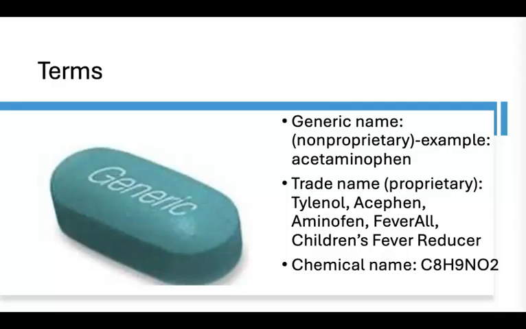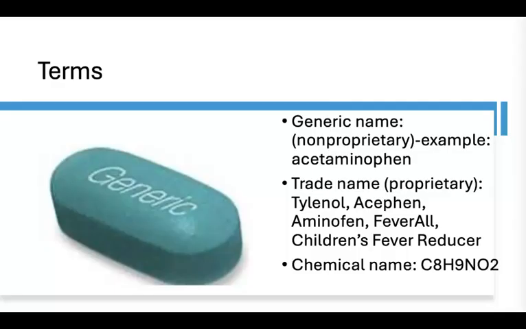So you can see Tylenol has multiple different names, depending upon which manufacturer is making the drug. And then there's the generic name, which is non-proprietary. An example for Tylenol is acetaminophen, and Motrin would be ibuprofen. You can see that the names here are all a little different.